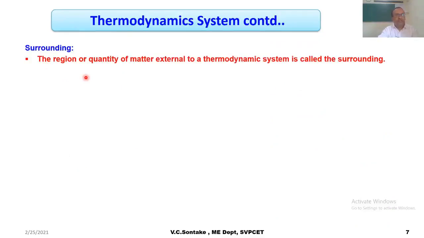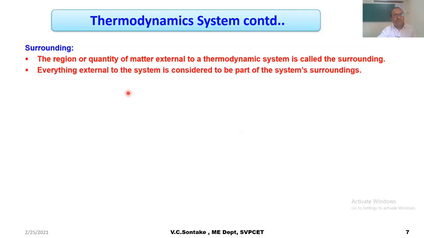Surrounding. The region or quantity of matter external to a thermodynamic system is called the surrounding. Everything external to the system is considered to be part of the system's surrounding. So let's say we have 100 kg of mass, and out of that 100 kg of mass, I select only 2 kg of mass for some thermodynamic study.